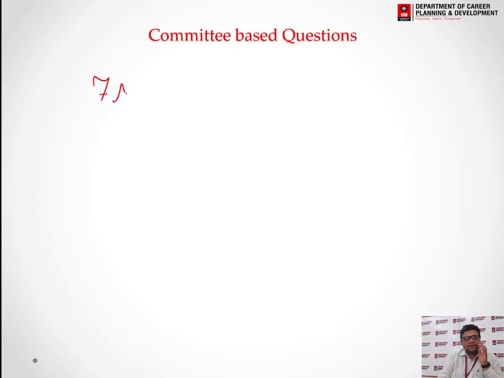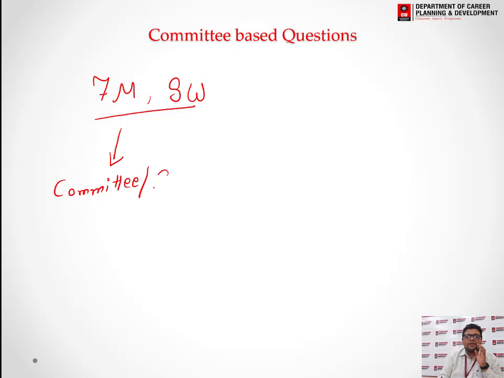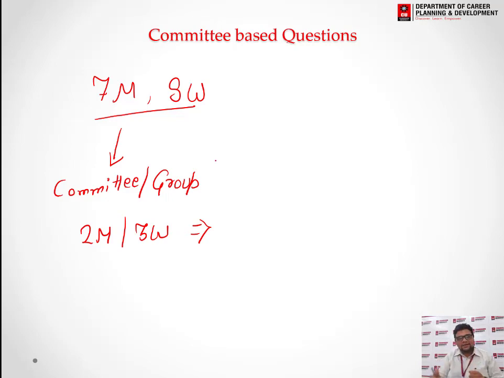If it is given that there are total 7 men and 8 women, out of which we have to form a committee, or we can say a group of persons, in which there should be 2 men and 3 women. Now he is saying there should be 2 men and 3 women.